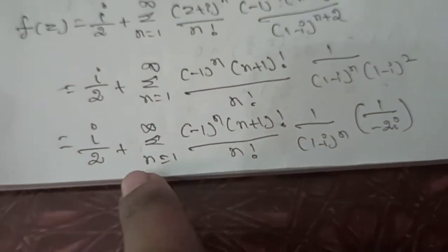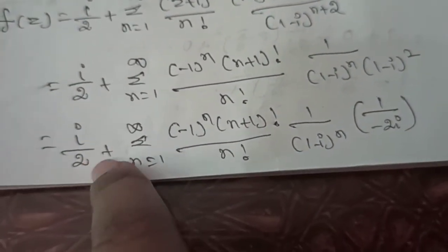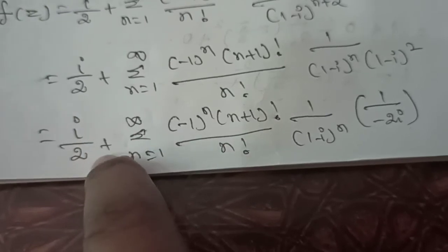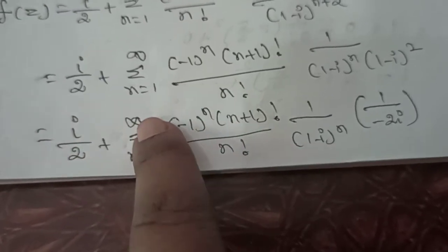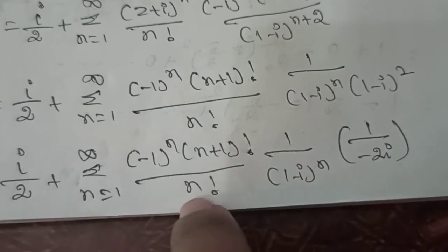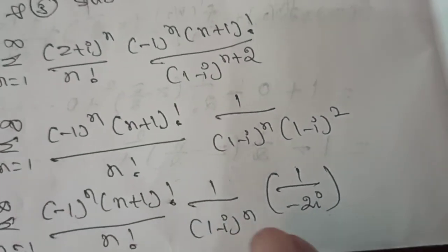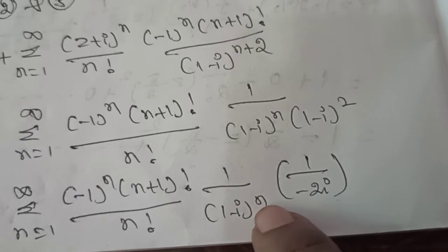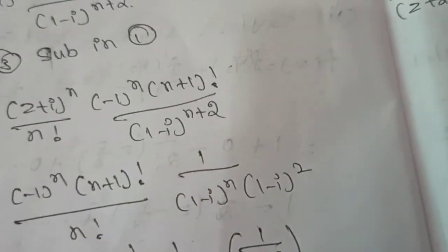Therefore, that is i divided by 2 plus summation of n equal to 1 to infinity (minus 1) to the power n into (n plus 1) factorial divided by n factorial into 1 divided by (1 minus i) to the power n into 1 divided by (1 minus i) whole square.